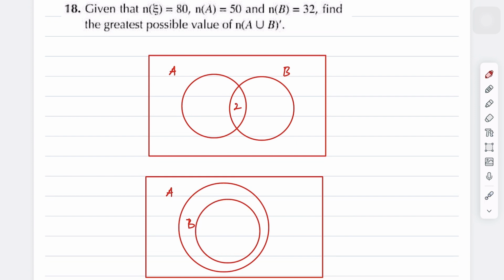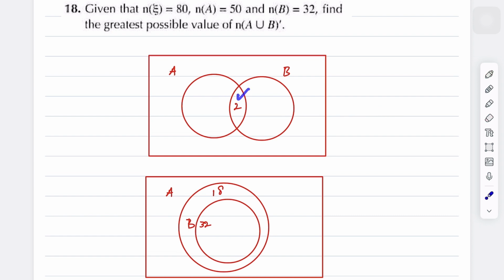In set B, we have 32 elements, and in set A, we have 50 elements. If 32 are over here, that means 18 are only in A. Now let me complete the first possibility.